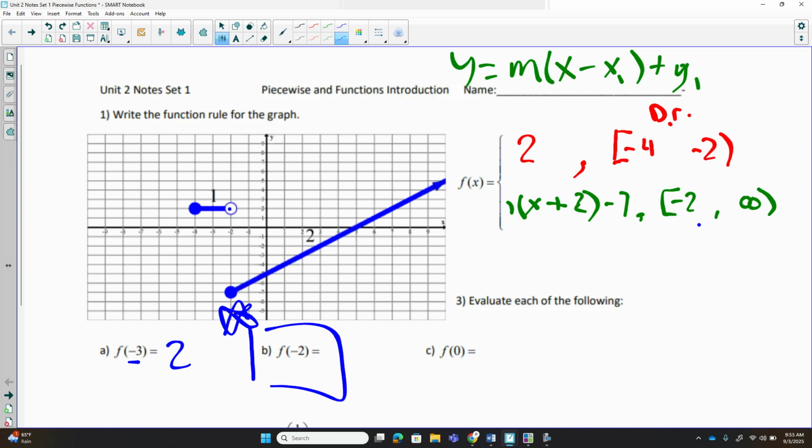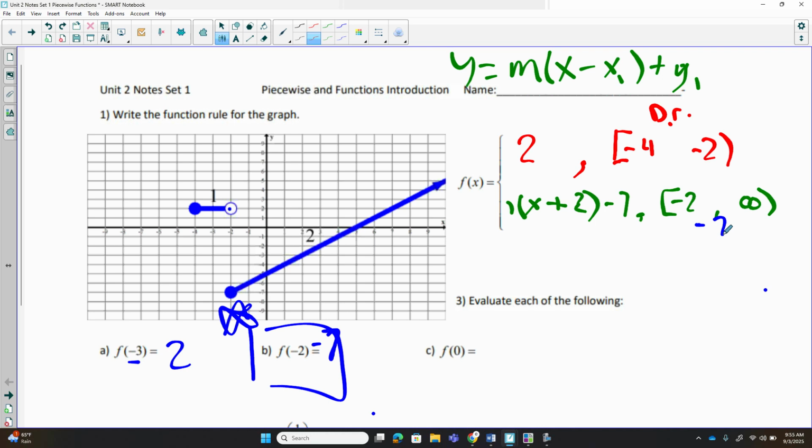In this question here, again, I have an open circle and I have a closed circle. All right? In this case, you have to determine which one it is. Open means it's not there. The closed means it is. So the answer to this is -7. If I look at it graphically, it is -7. If I'm using it algebraically, -7 falls between -2 and infinity, correct? Or does it not?